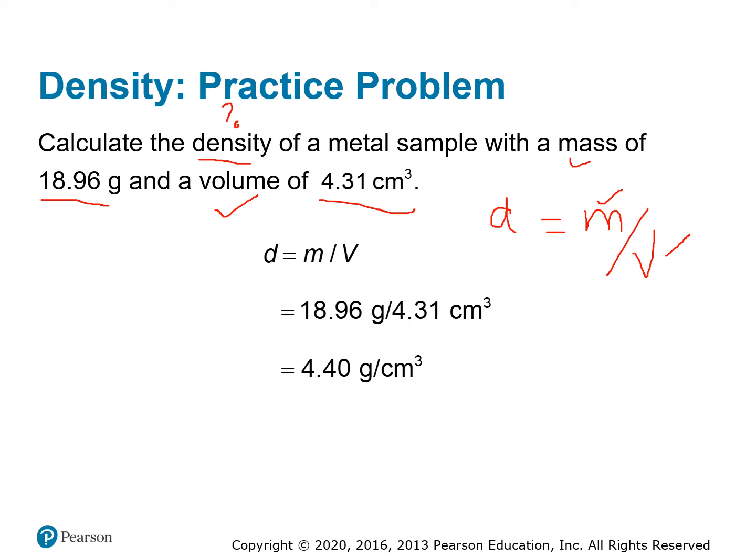In practice problems, I would prefer students to pause the video and try to solve it along with me, or try to solve it by yourself and then check the answers. That will help you grasp it and also know if you are missing any point or where you need to work on.